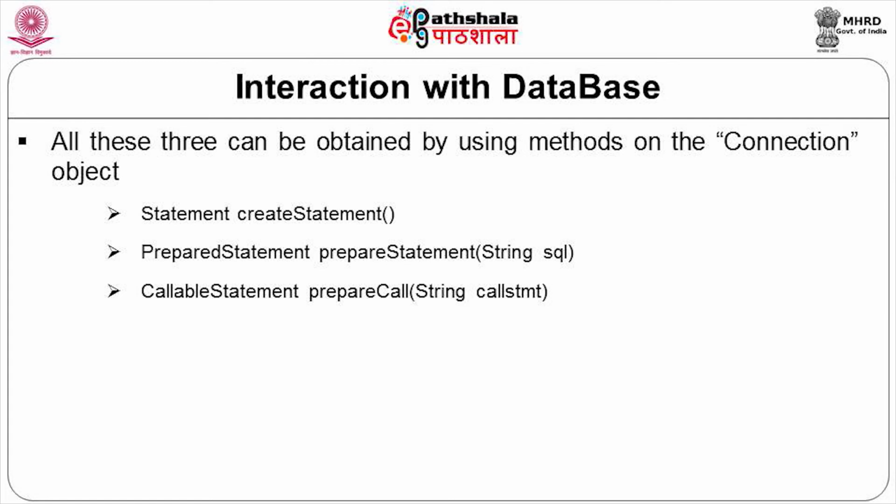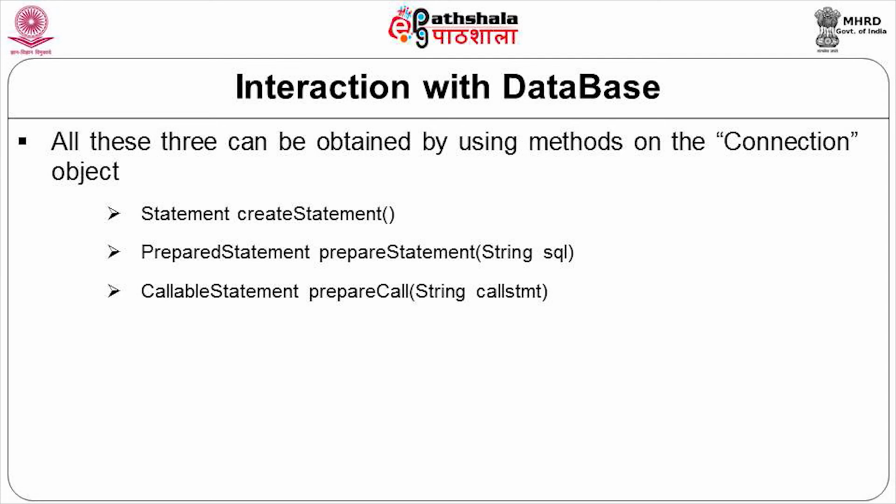You put question marks to represent the parameters, which can always be set on the callable statement before it is executed. We embed those question marks in place of where we want to keep parameters. The number of question marks within your string is the number of parameters for your prepared statement and callable statement. So prepared statement and callable statement both contain parameters.